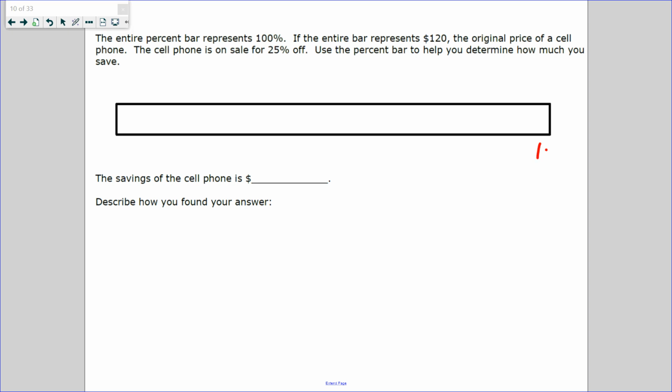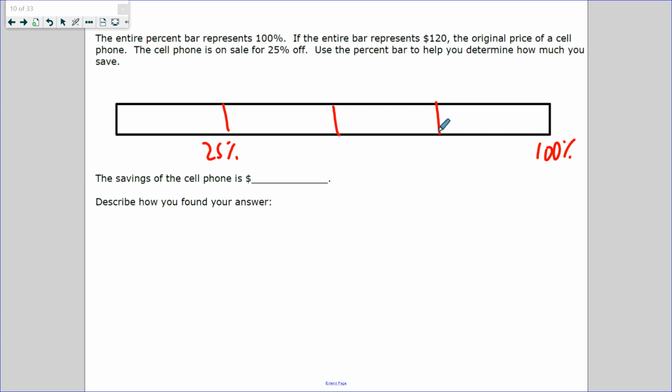So this represents 100%. And the cell phone is on sale for 25%. Do you know what fractional part is 25%? 25% is right here. Isn't that 1/4?